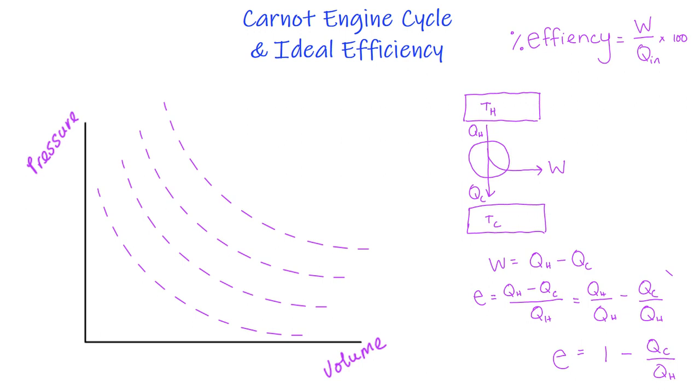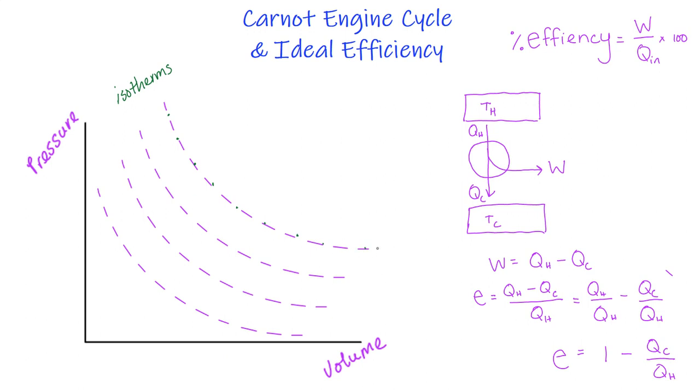So the first thing I want to do here, on this pressure volume diagram, is just explain what these dashed lines are. These are all known as isotherms, and basically every point that falls on a particular dashed line would all be operating at the same temperature.